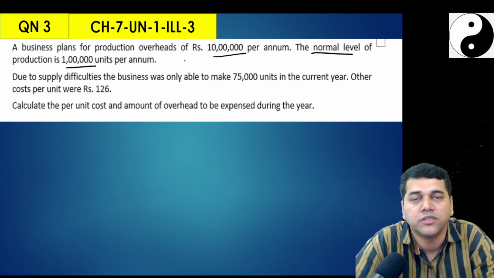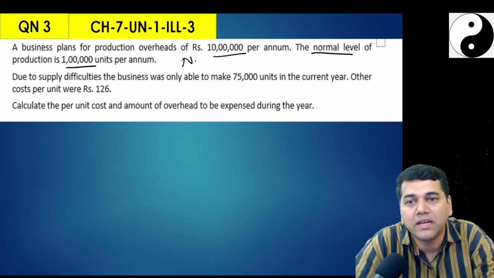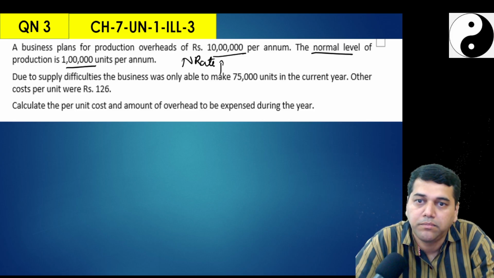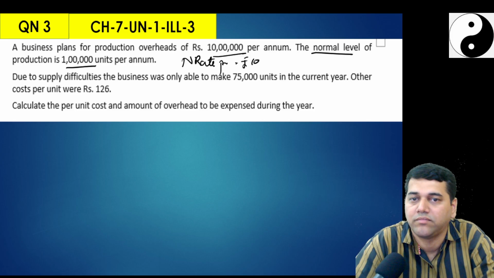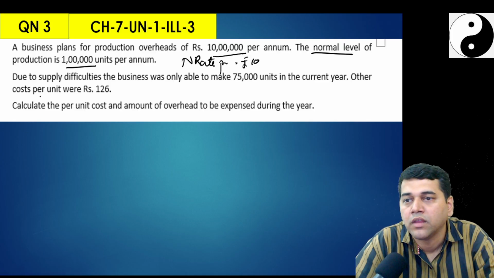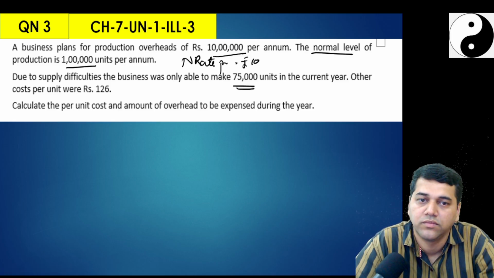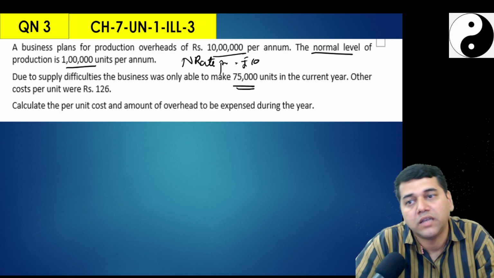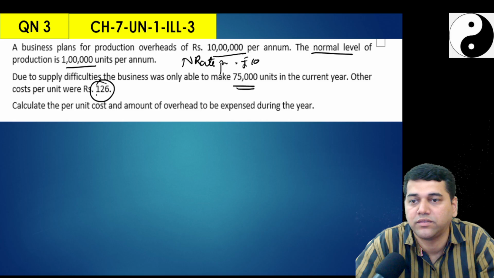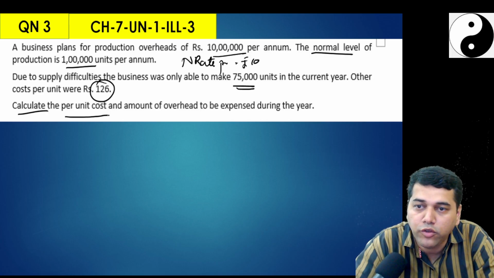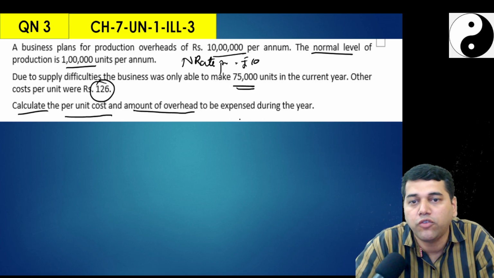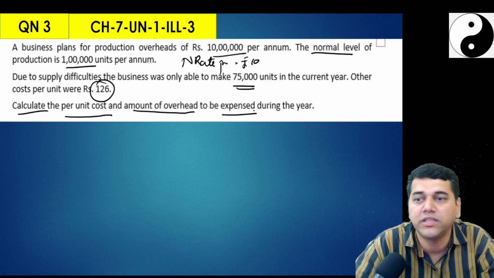So how much is the normal rate per unit? 10. Due to supply difficulties, the business was only able to make 75,000 units in the current year. Other unit costs were 126. Now calculate the per unit cost and the amount of overhead to be expensed during the year.